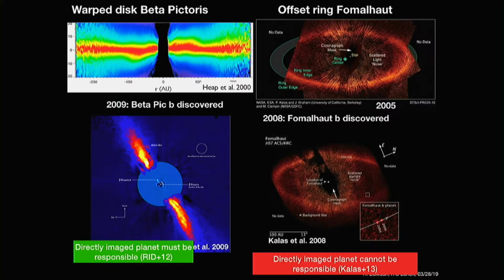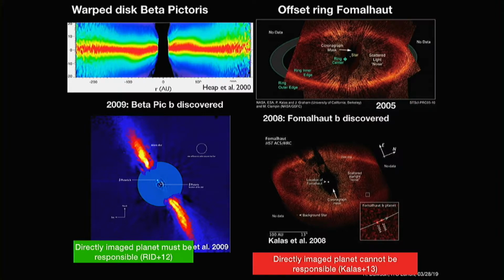But we have more of a cautionary tale with the debris ring called Fomalhaut, which has its center offset from the central star, so it's an elliptical ring. The interpretation was that that was sculpted by a planet on an elliptical orbit. And then in 2008, a planet was thought to be detected that would be consistent with that.